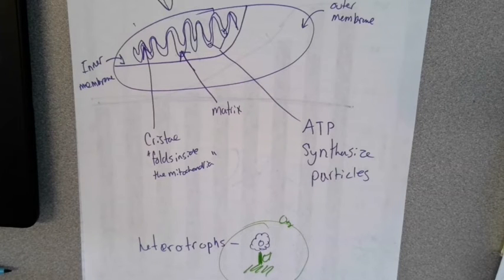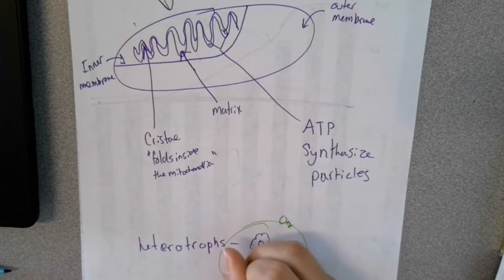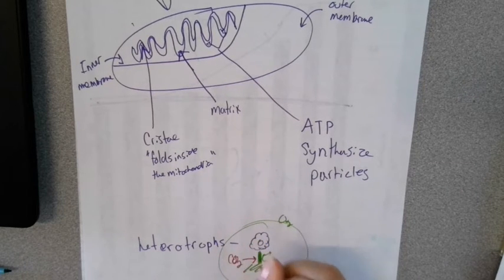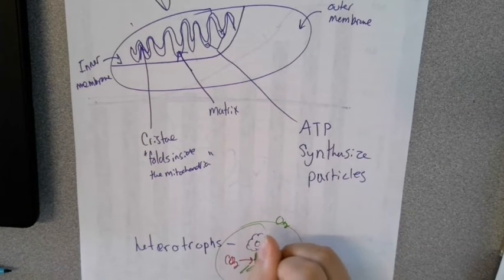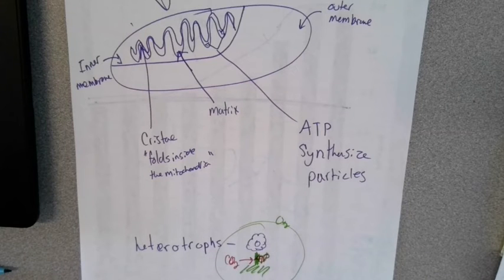And it will take carbon dioxide into itself, and it will generate ATP. And ATP is inside of the plant. So plants are considered heterotrophs.